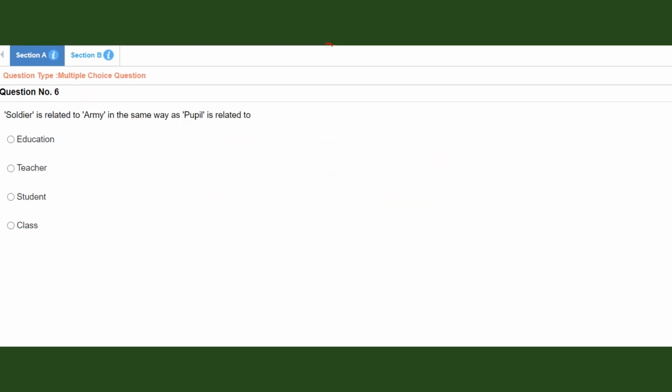Question number 6. Soldier is related to army in the same way as pupil is related to: A. education, B. teacher, C. student, and D. class. Now pupil means a learner, like a part of many learners in a class or in a hall or in a school.